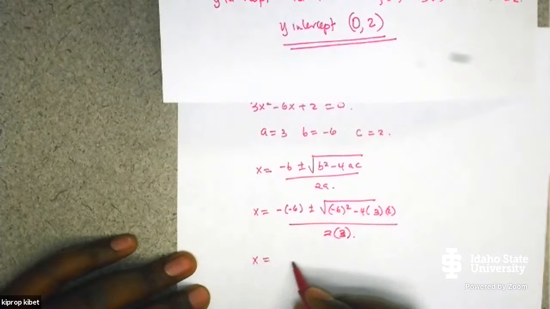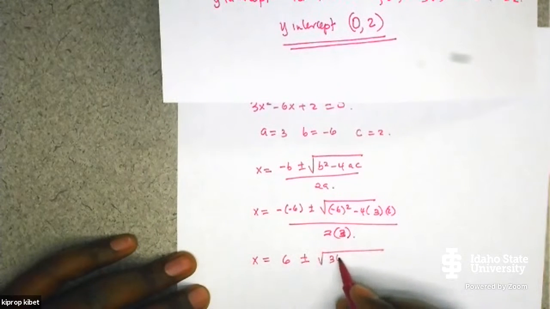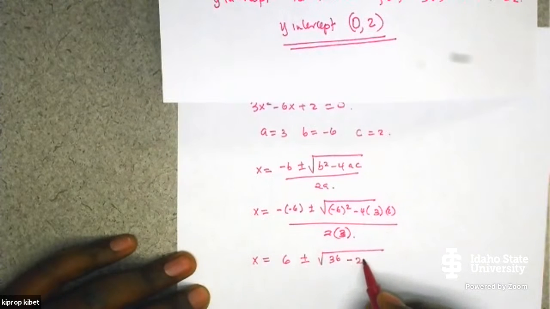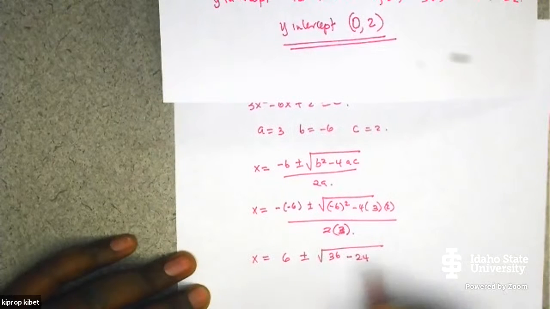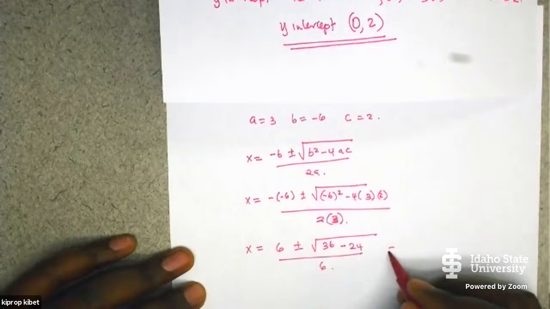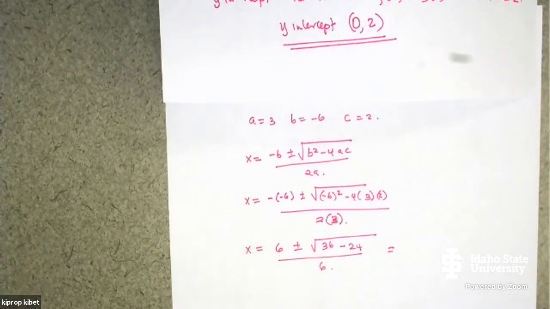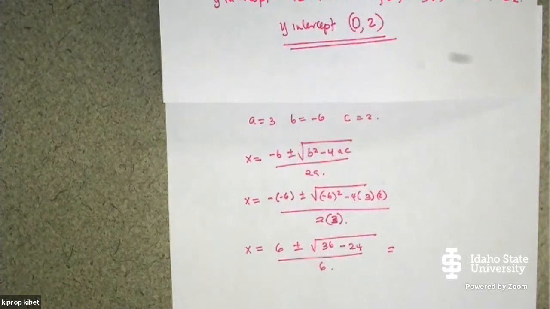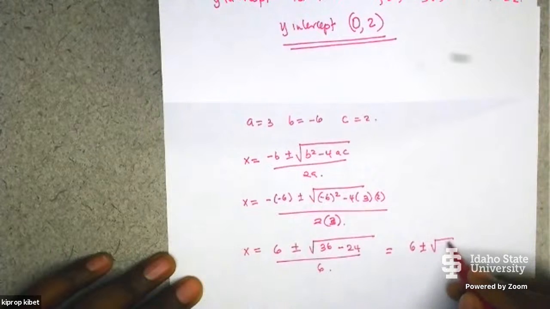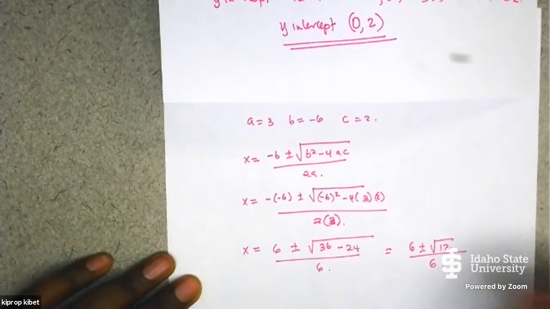So our x equals 6 plus or minus the square root of 36 minus 24, divided by 6. And this is equal to 36 minus 24, 12. So 6 plus or minus the square root of 12 over 6.